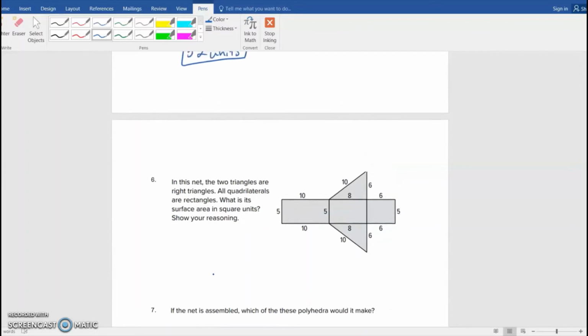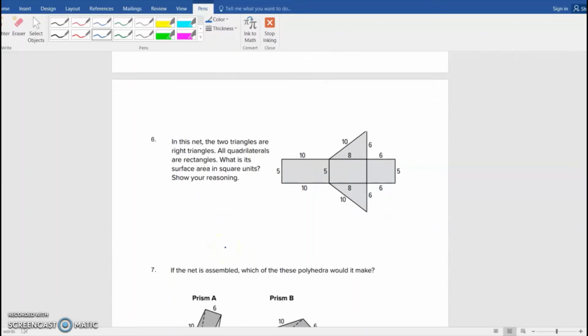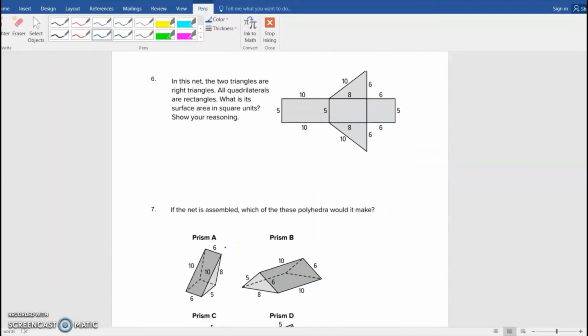Okay, number 6 says, in this net, the 2 triangles are right triangles. So one thing I might do is add that right angle sign right there. All quadrilaterals are rectangles, so these 3 are rectangles. What is its surface area in square units? And show your reasoning. So again, I'm going to find the area of each one of these polygons and then add them together.